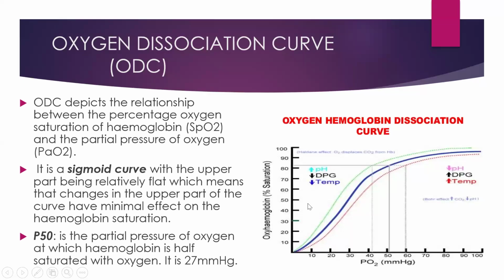A shift of the oxygen dissociation curve to the left means there is higher affinity of hemoglobin for oxygen, so hemoglobin binds more tightly to oxygen, while a shift to the right means a lower affinity of hemoglobin for oxygen, and this leads to unloading of oxygen to the peripheral tissues.